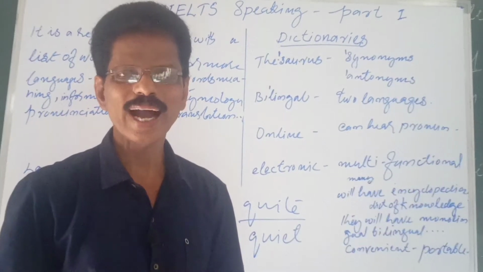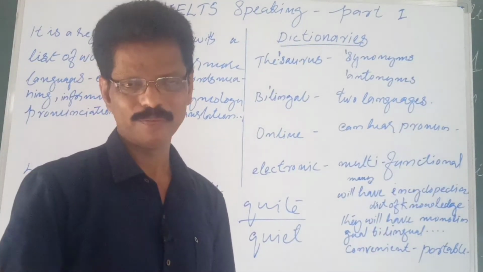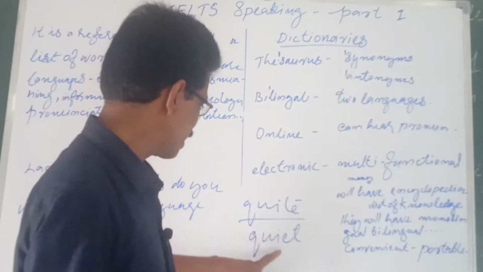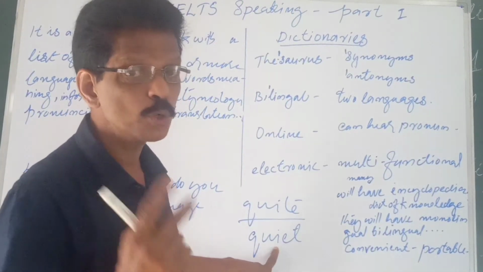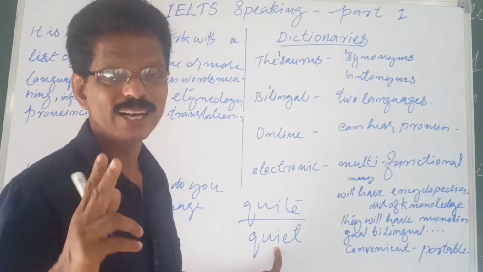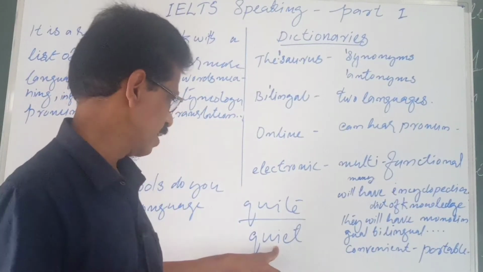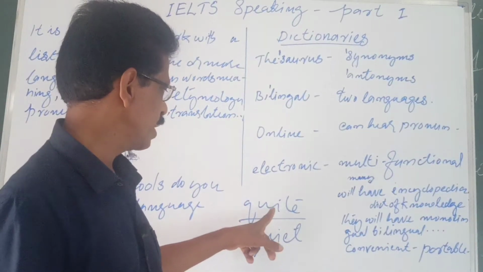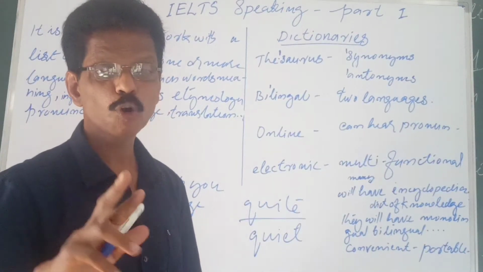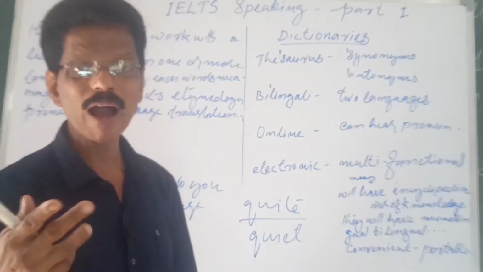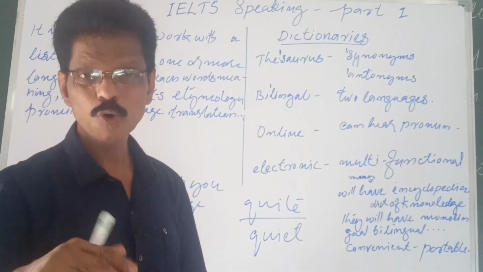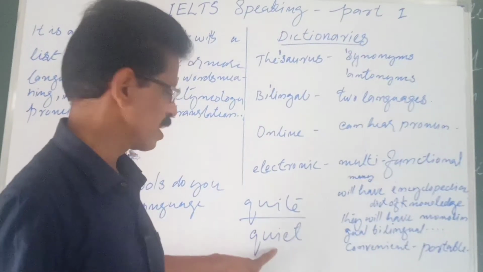Quiet. So Q-U-I-E-T has got two syllables, which means it is disyllabic. It is pronounced entirely differently from Q-U-I-T-E. Keep quiet.